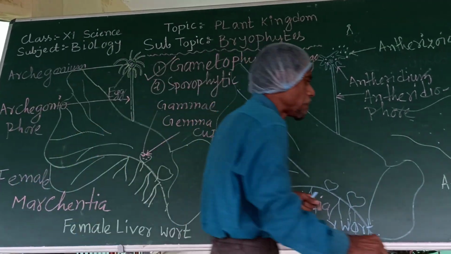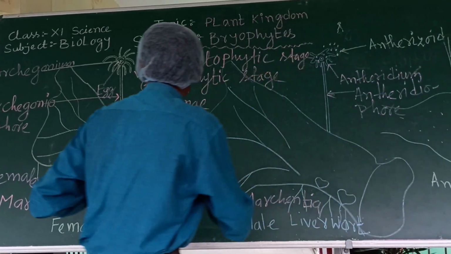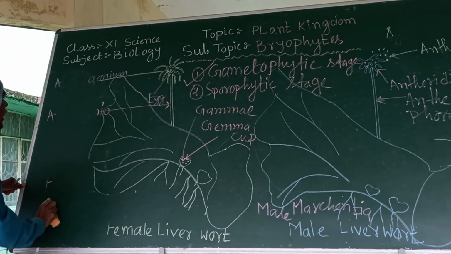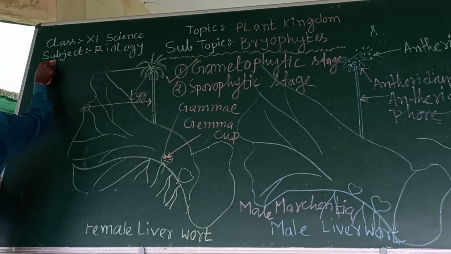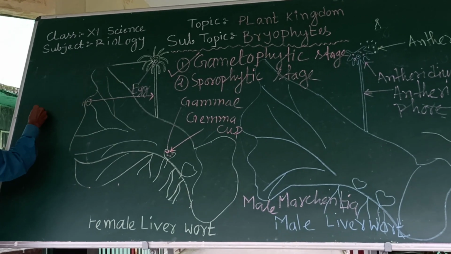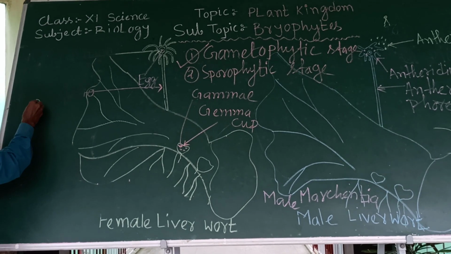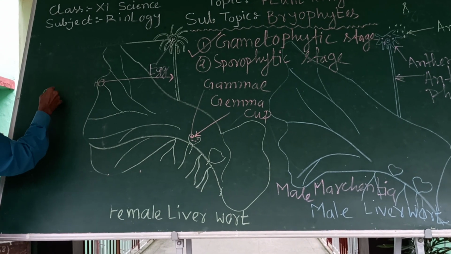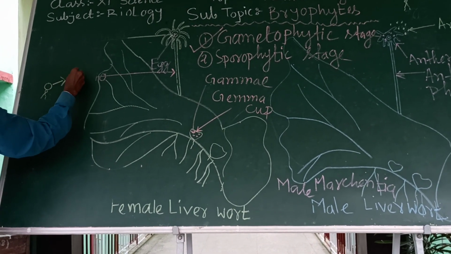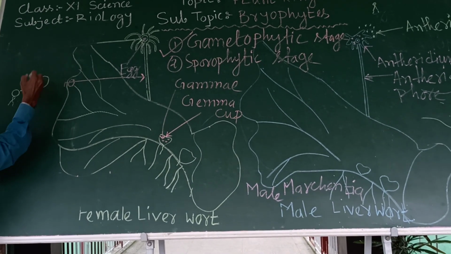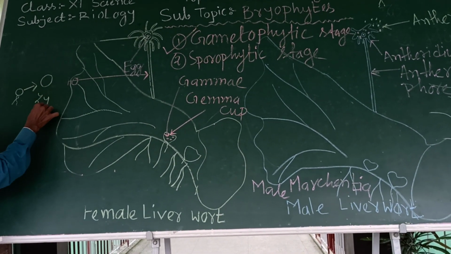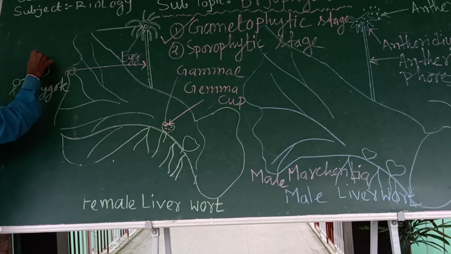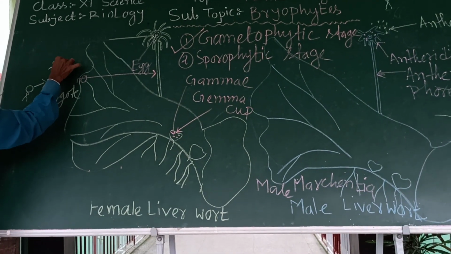Let me rub this portion a little so that I can show you this part. When the egg is fertilized by the antherozoid, it forms a zygote. This is the zygote, a unicellular diploid body having 2n chromosomes.